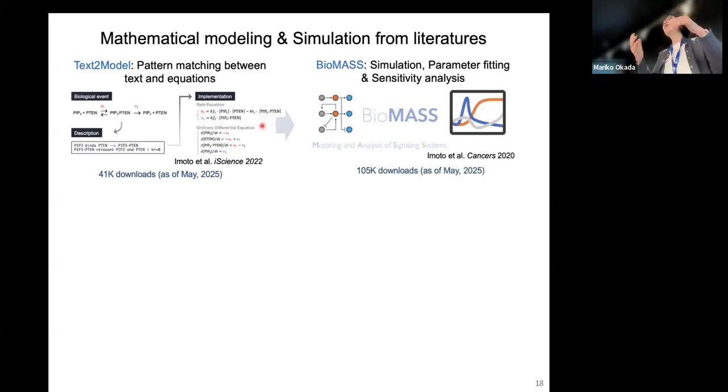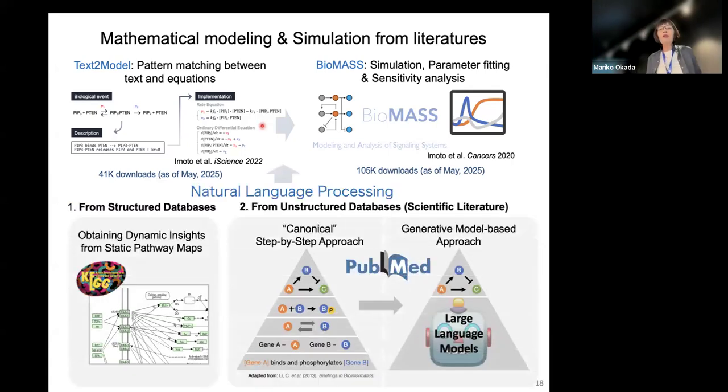Then you can perform the simulation with minimum knowledge of programming and mathematics. But again, now we have a problem, because to make a text model, you need to know the gene-gene interaction before writing the text model, A and B interaction.